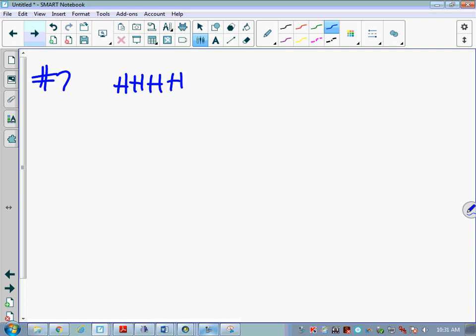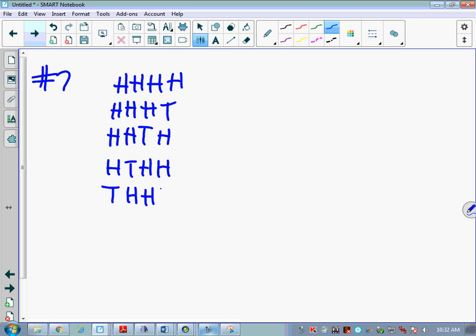Or we can get heads, heads, heads, tails, or heads, heads, tails, heads, or heads, tails, heads, heads, or tails, heads, heads, heads, right? And that's every case where tail shows up 1 time, and heads every other time.